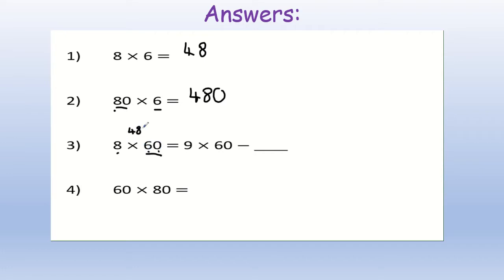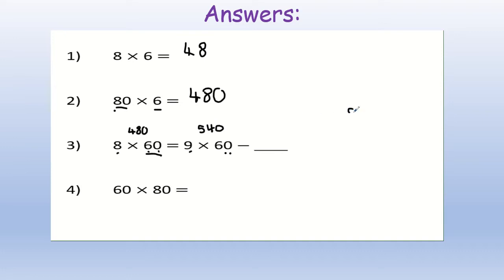So that's 480. 9 times 60 is 9 times 6 times 10. So that would be 540. So what do you take away from 540 to make 480?